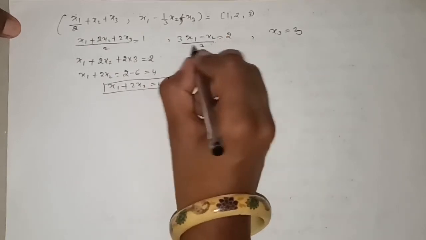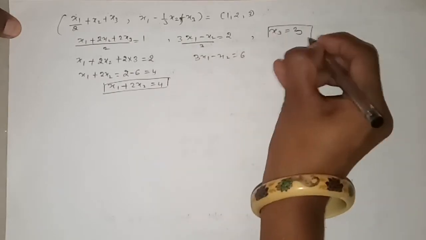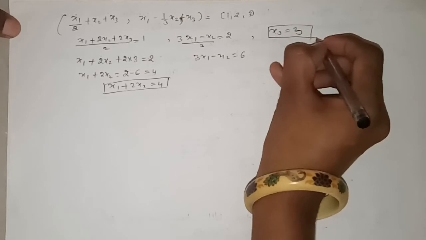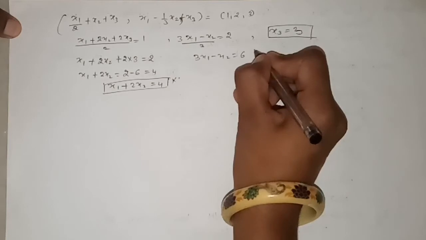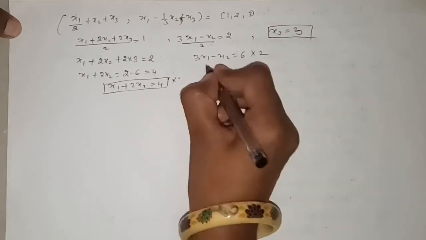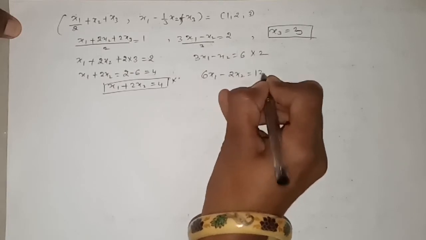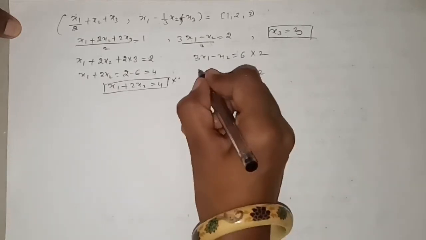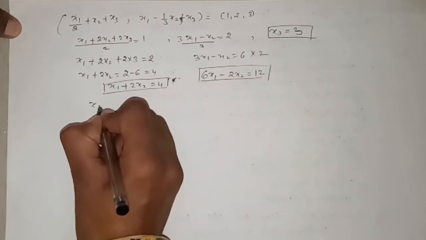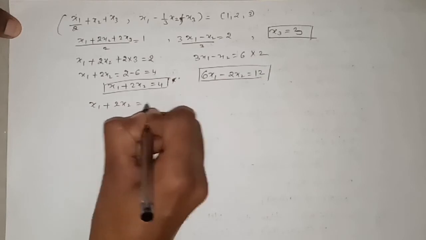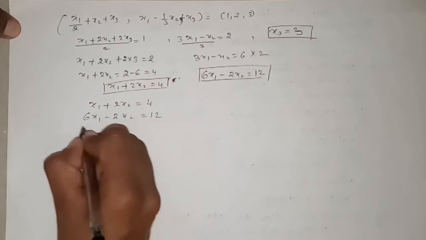Now 3x1 - x2 is equal to 6 and we already have the value of x3, which is equal to 3. Now on solving these two equations, if I multiply this by 2, this becomes 6x1 - 2x2 is equal to 12. So we solve these two equations, x1 + 2x2 is equal to -4 and 6x1 - 2x2 is equal to 12.